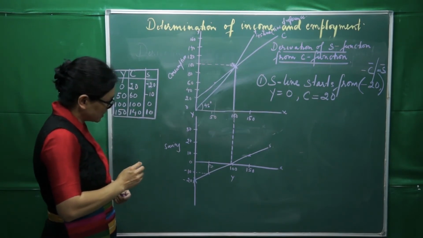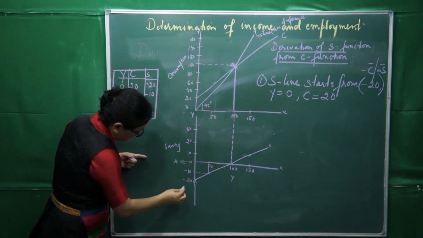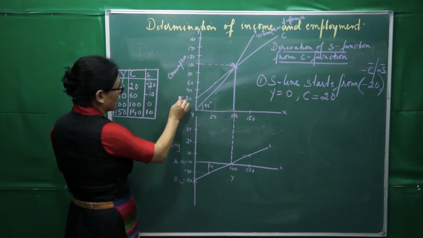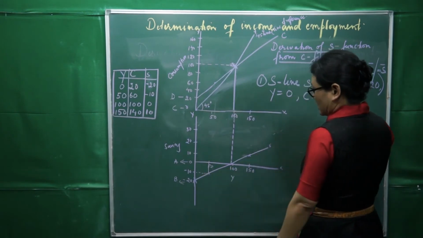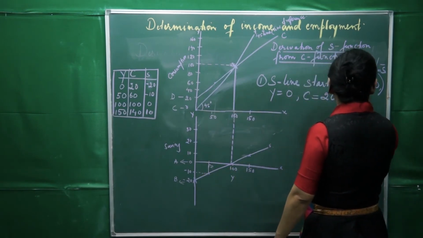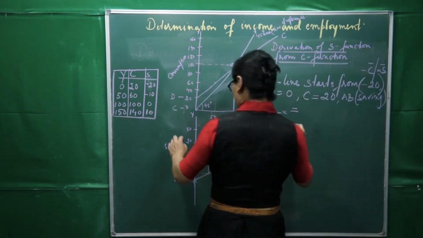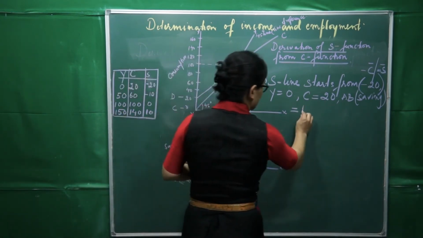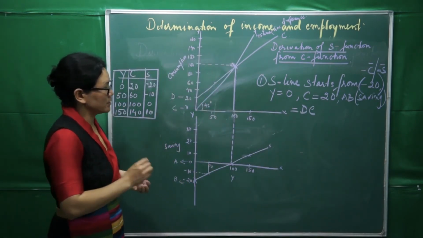So we will take it like this: this will be A and this will be B, and here C and D. In this, A and B of saving is equal to D and C.